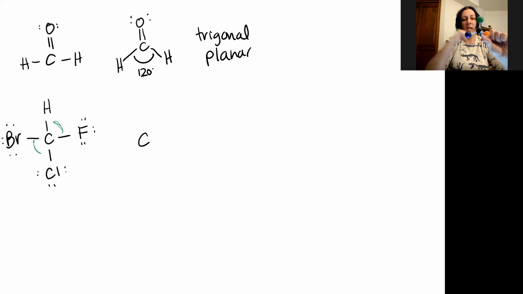And so when I draw this, I'm going to try to hold this up as close as I can. If I put the chlorine and the bromine in the same plane, as if I had a plane of paper that I could just come through and slice right here, so they're in the same plane, then the fluorine is coming out much closer to you.